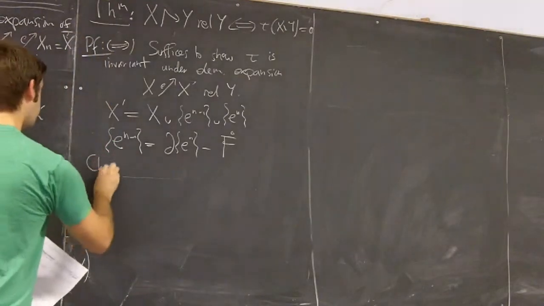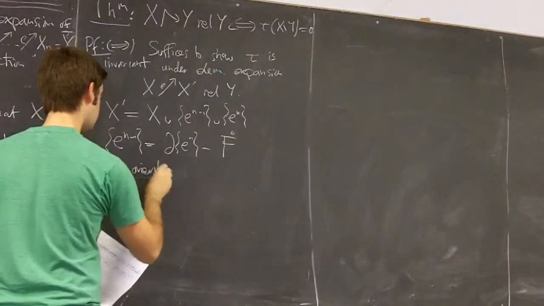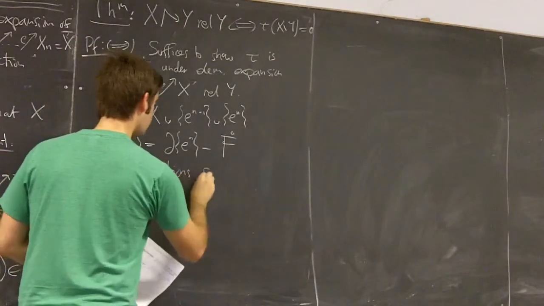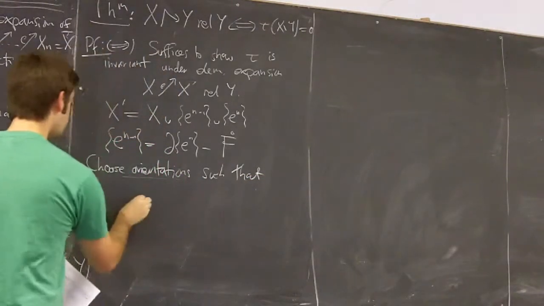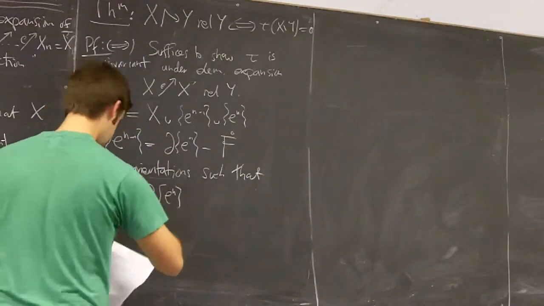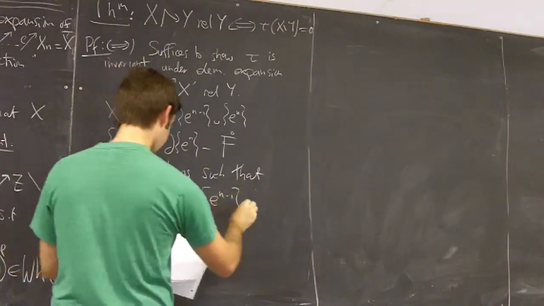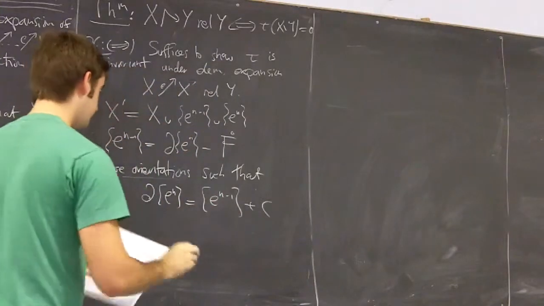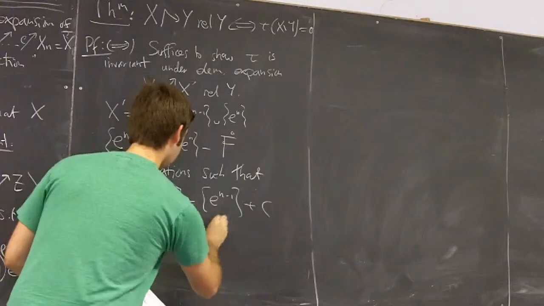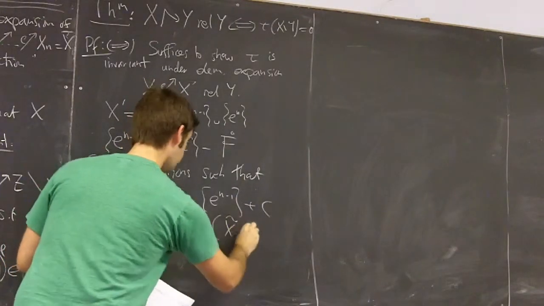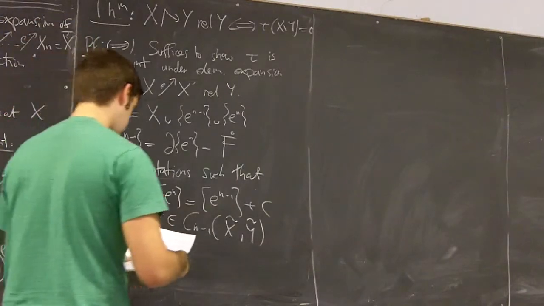And we can choose orientations such that the boundary of E^n is E^{n-1} plus some c for c in the n-1 relative chain.